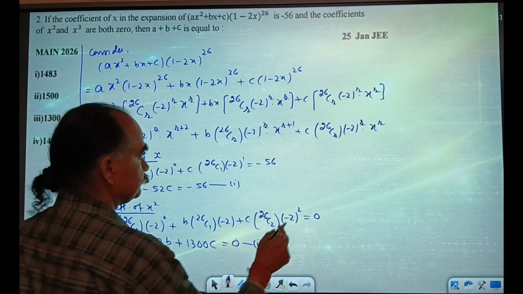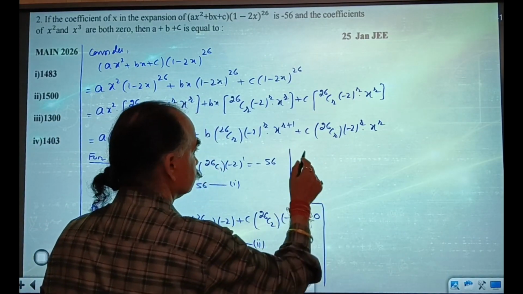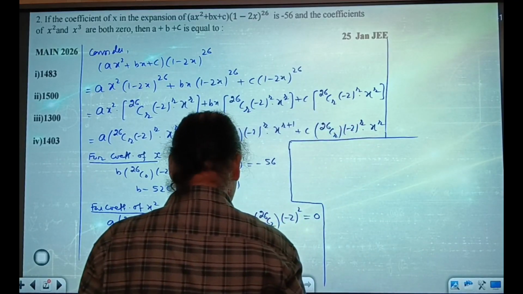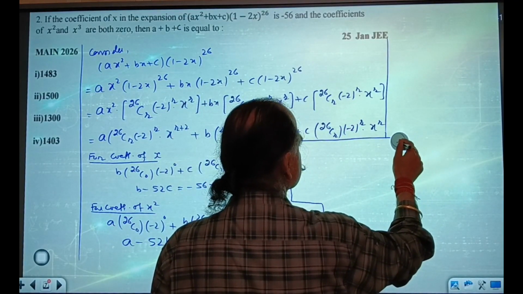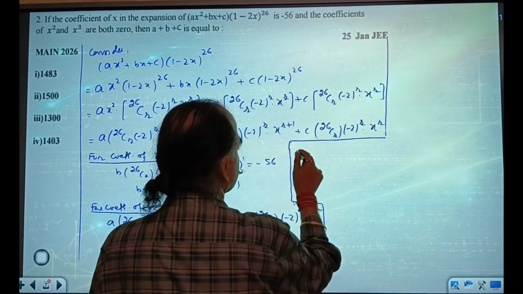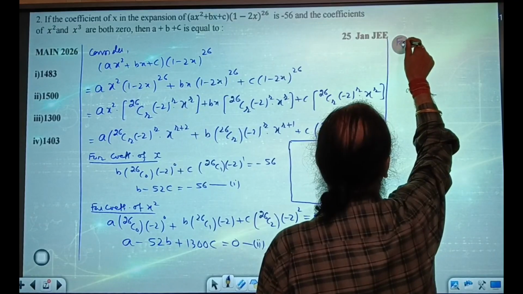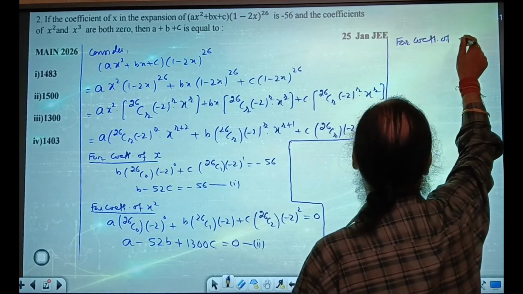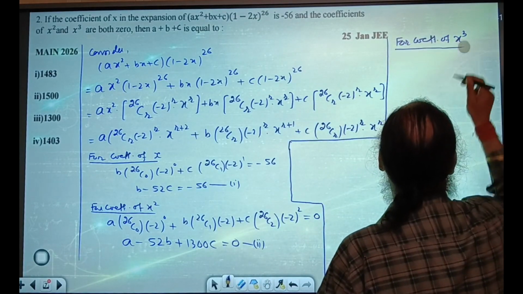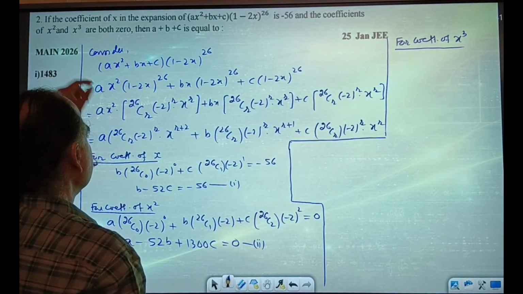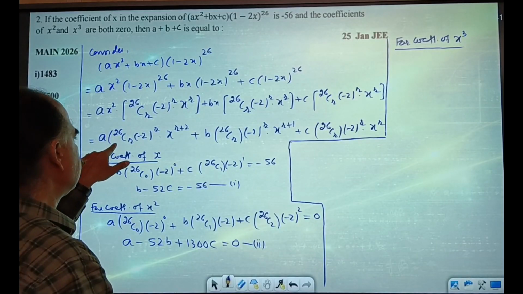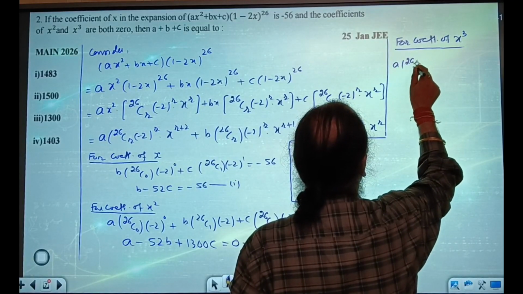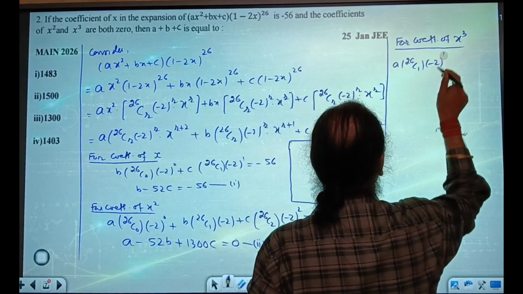For the coefficient of x³, here R should be 1. So A into 26C1 into (−2)^1.